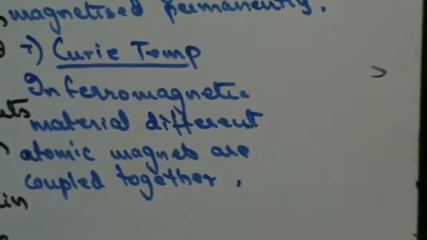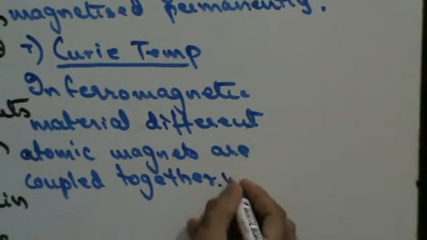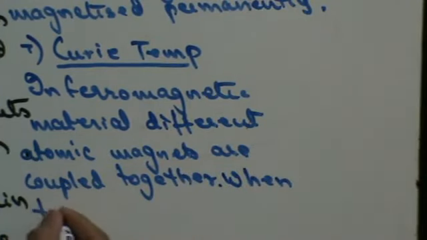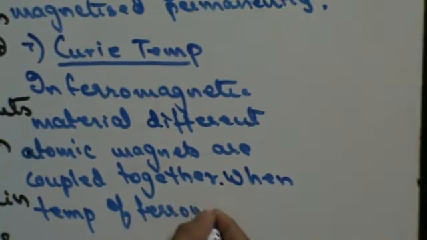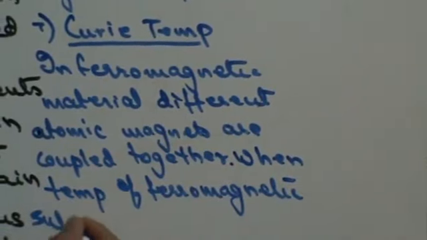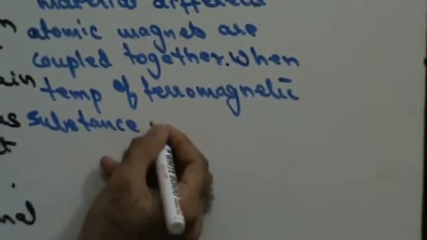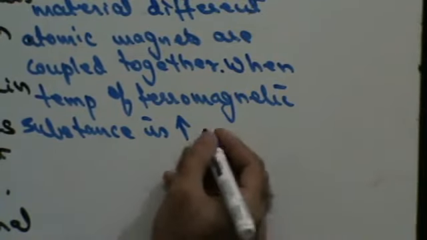Now, when the temperature of a ferromagnetic substance is increased, there would be random thermal motion associated with atomic magnets.